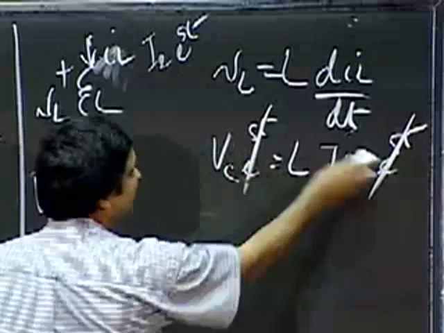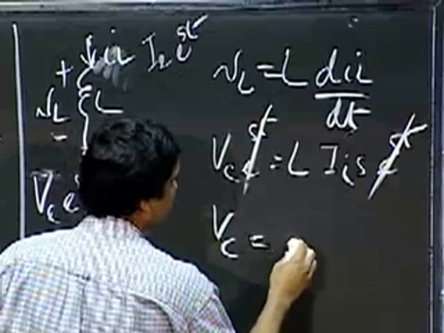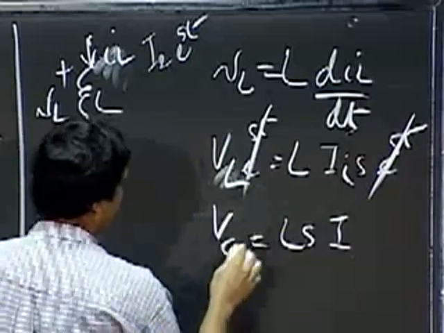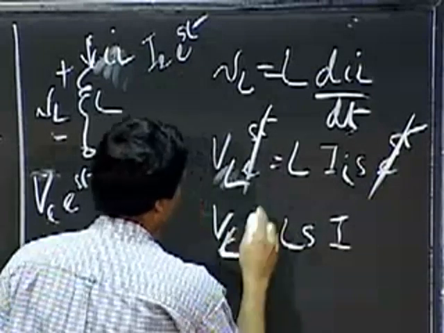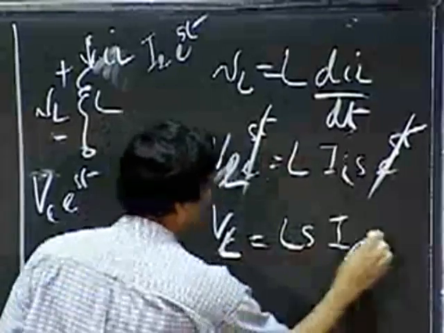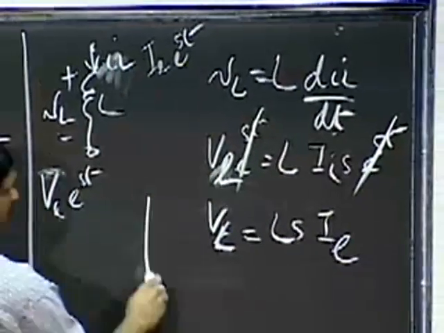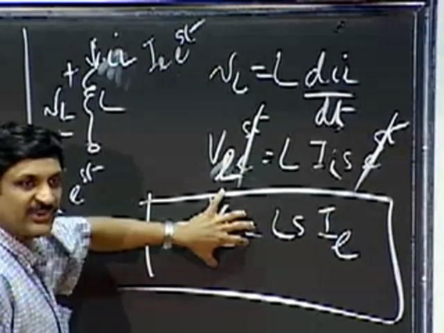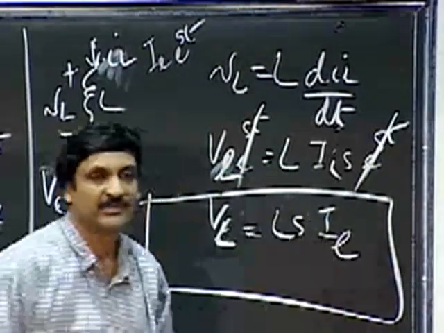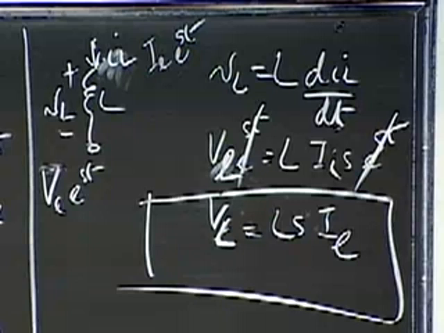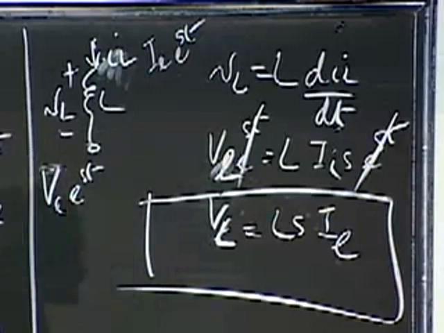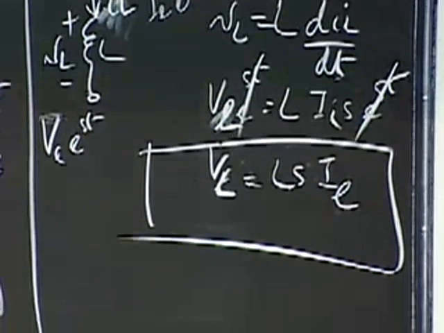With exponentials, these cancel out, and what I'm left with is VL equals L s IL. Again, for the inductor, the voltage across the inductor relates to some constant, L s here, times IL. This is absolutely stunning, and it almost looks like a form of Ohm's law.